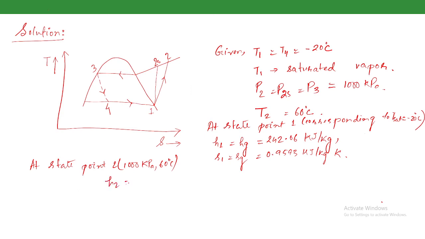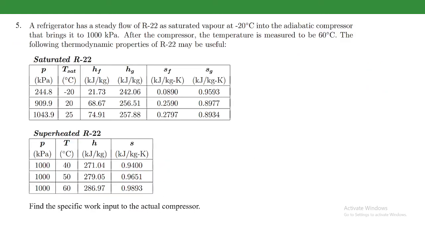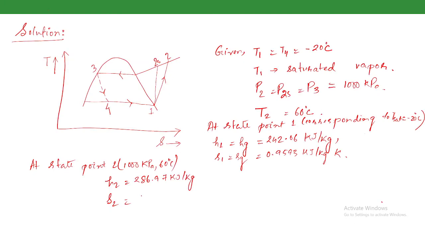So H2 is 286.97 kilojoule per kg, and the entropy is 0.9893 kilojoule per kg Kelvin. So what is the required specific work input?